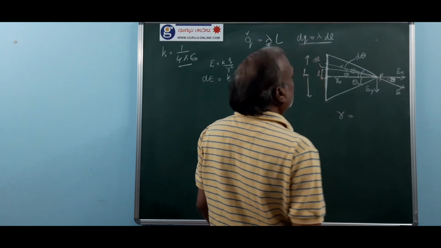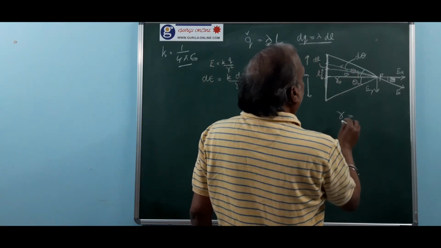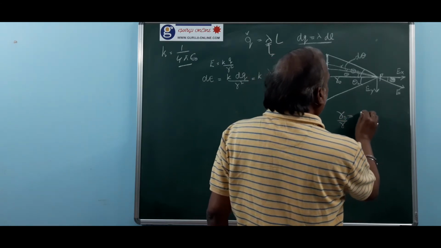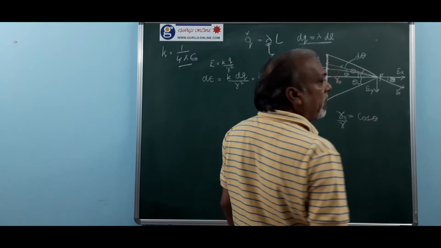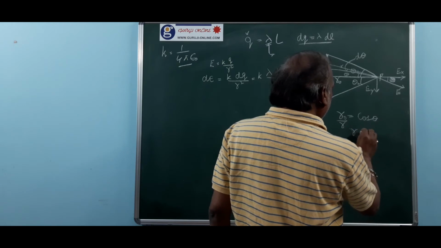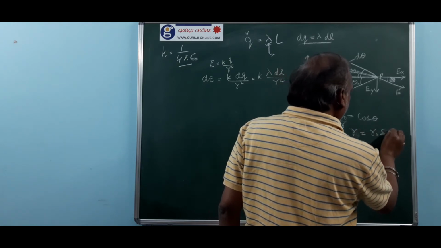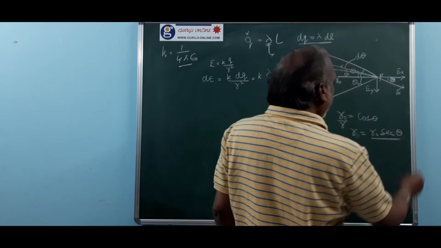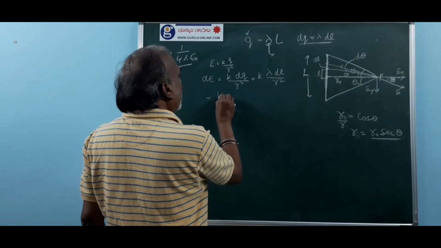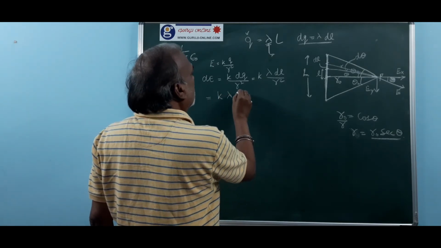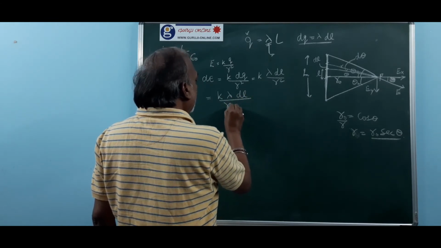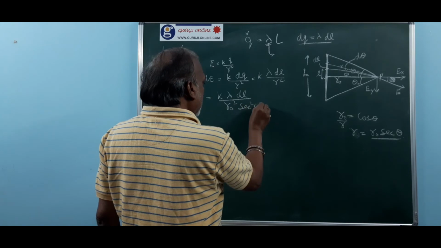R is nothing but R0 upon cos theta. So R is nothing but R0 sec theta, correct? So here we can put K lambda dl upon R0 square sec square theta.